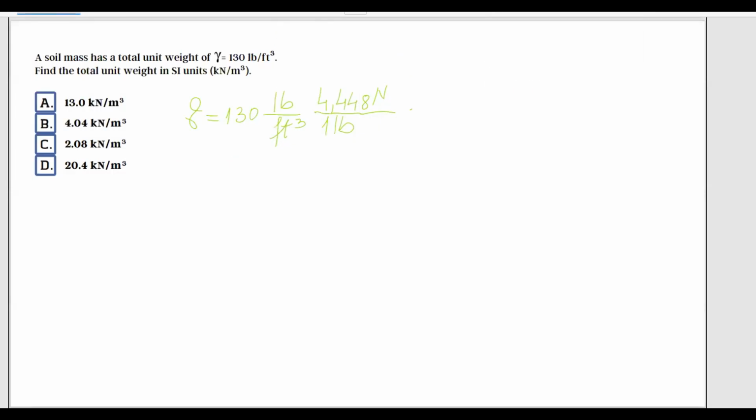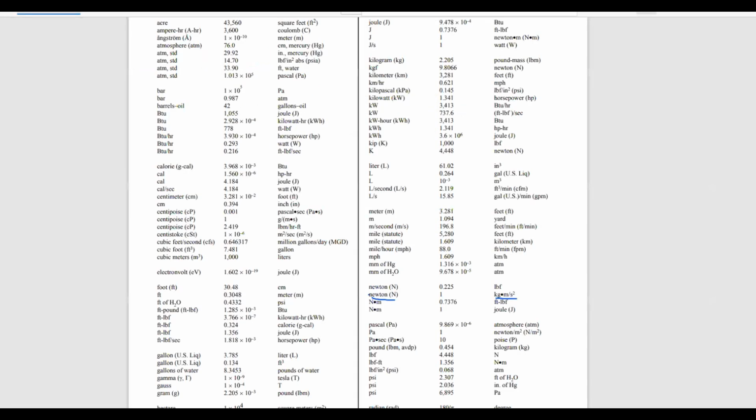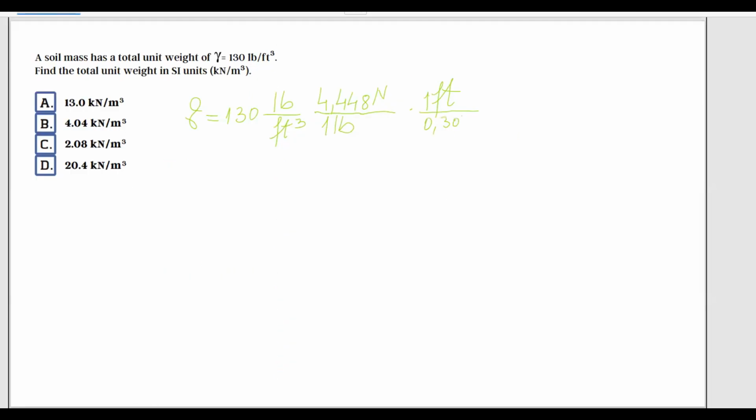Let's write that down. 1 foot is equal to 0.3048 meters. And let's not forget, we have to cube this. There you go.